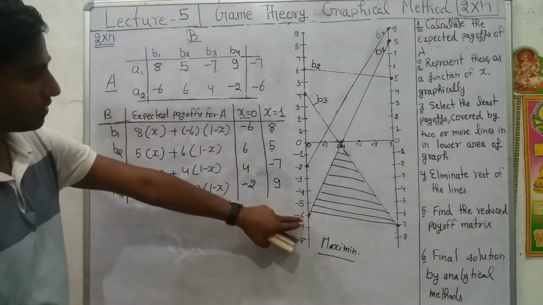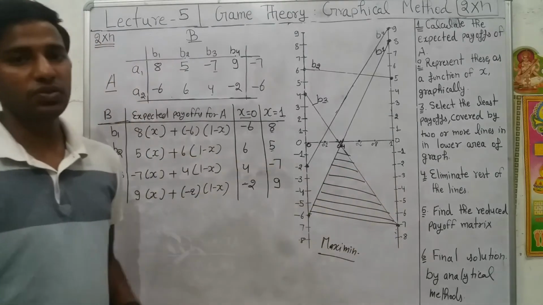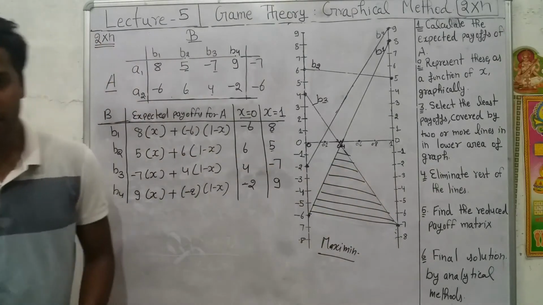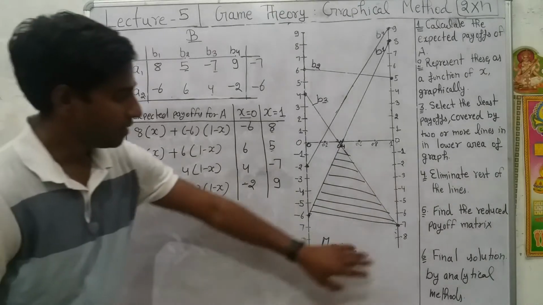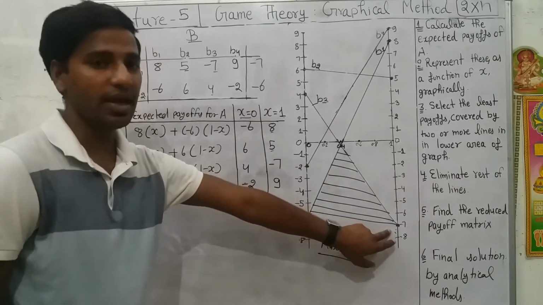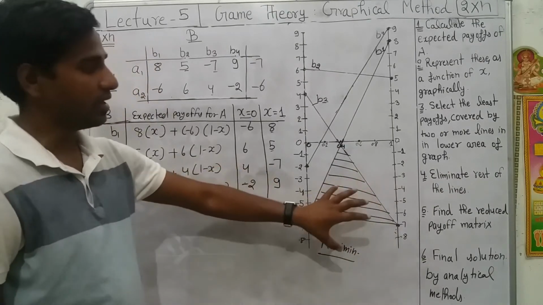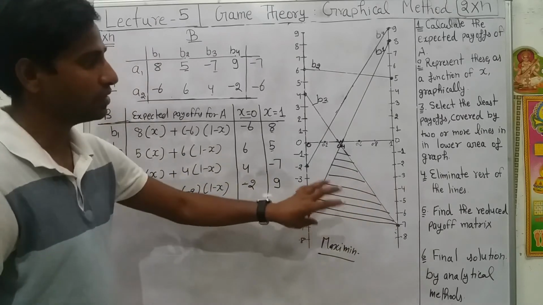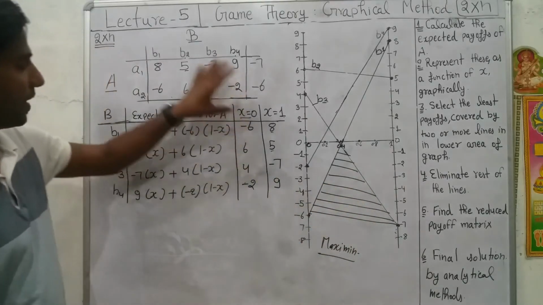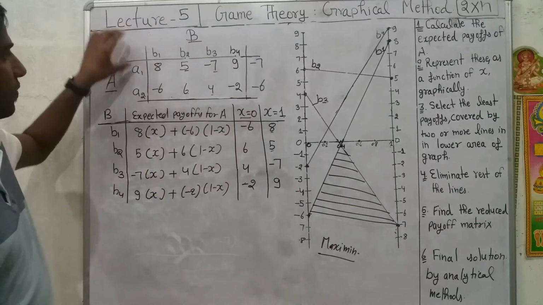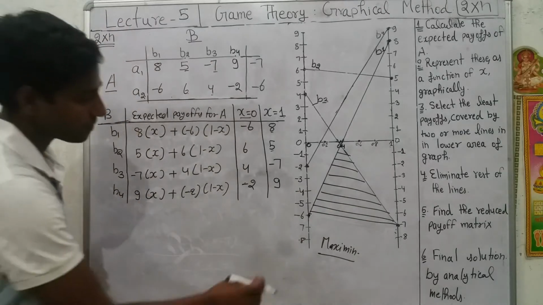So these minimum payoffs are represented by these two lines. So we can confirm that we have selected the right equations or right lines to represent this area, which shows the minimum payoffs, by looking at the payoff matrix.